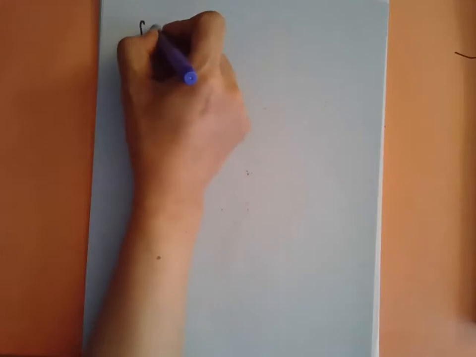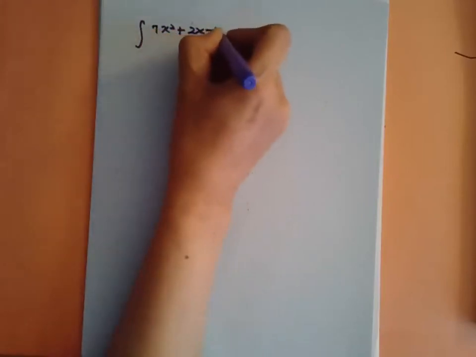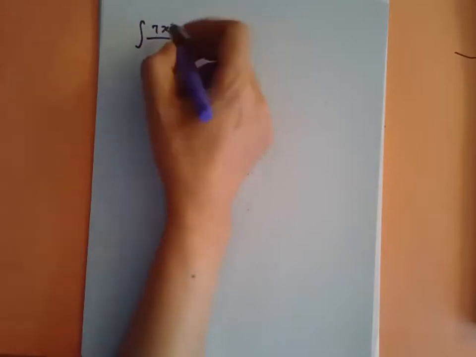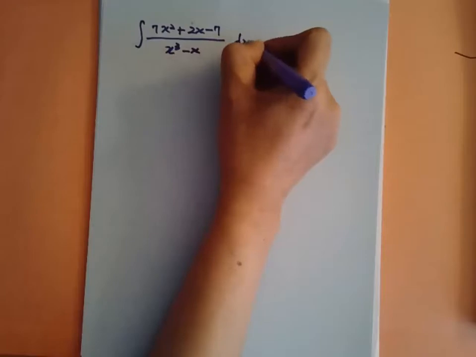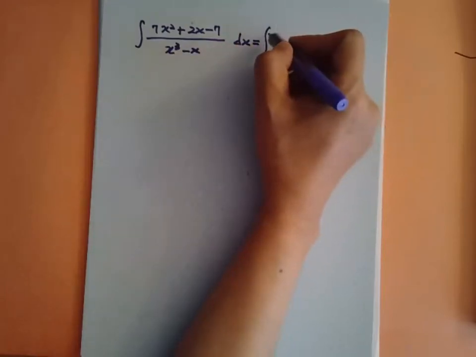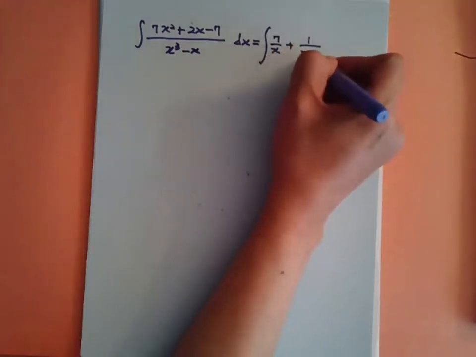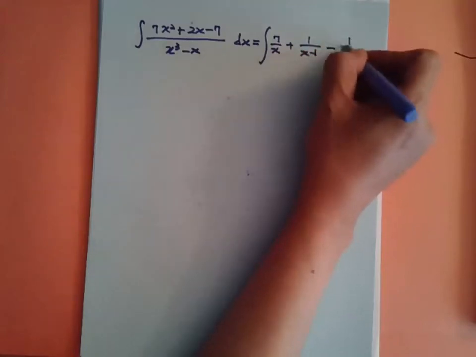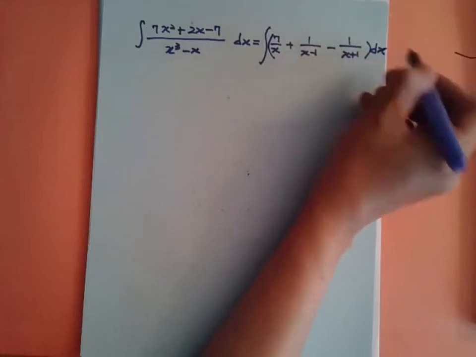Original question is integration of 7x squared plus 2x minus 7 over x cubed minus x dx. So that equals integration 7 over x plus 1 over x minus 1 minus 1 over x plus 1 dx.